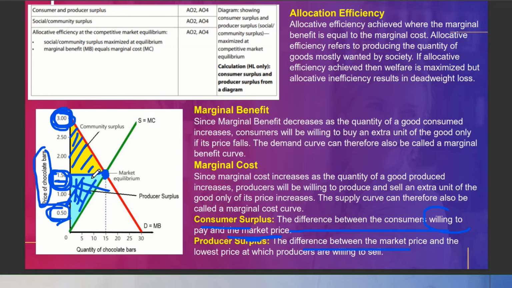So they are getting a little satisfaction, right? So this area is the producer surplus. Usually in paper 2 they can ask questions like define consumer surplus, define producer surplus.